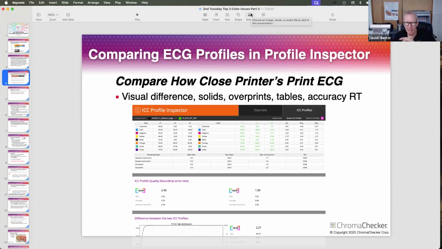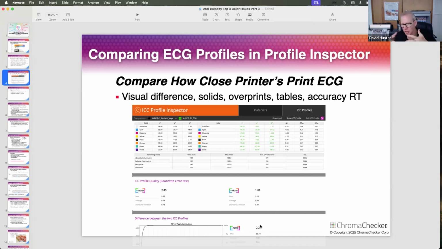I've been part of the ID Alliance committee that built the ECG profile. One of the first things we wanted to know was how close natively this is to how a printer just prints ECG. So by comparing a profile that a printer made in ECG to the reference profile, we can see the difference between two profiles right here.